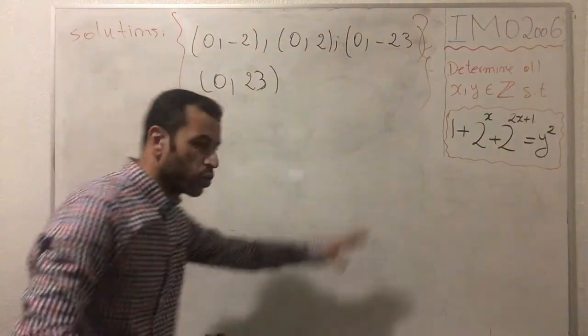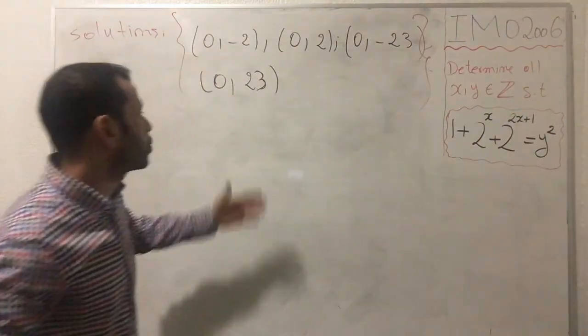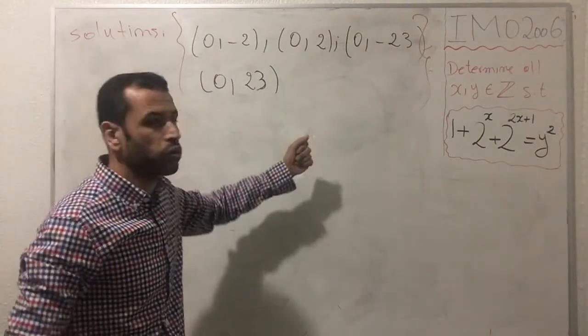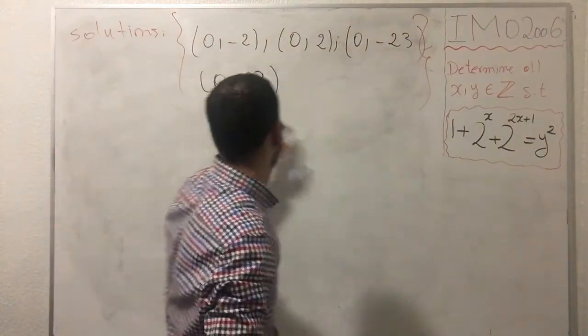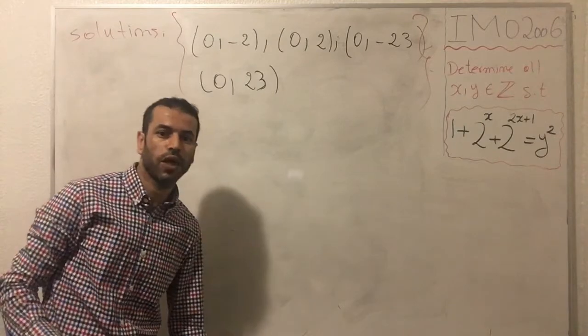Now I have only 4 solutions of this equation. I have 0 minus 2, 0 2, 0 minus 23, and 0 23. Now I am done with this problem.